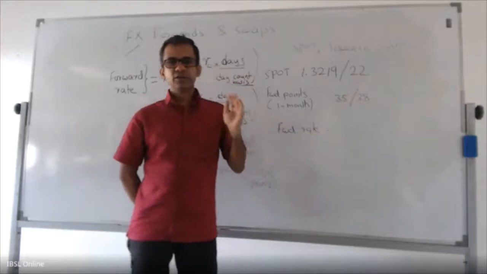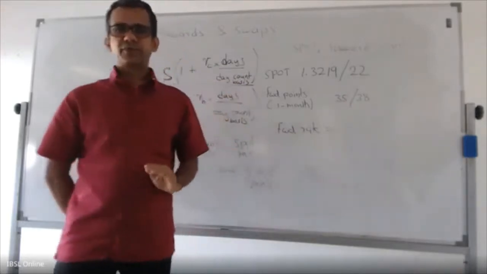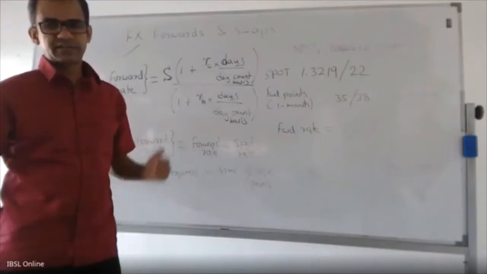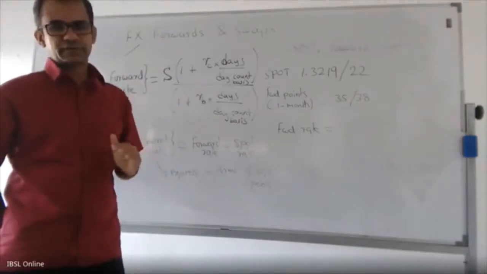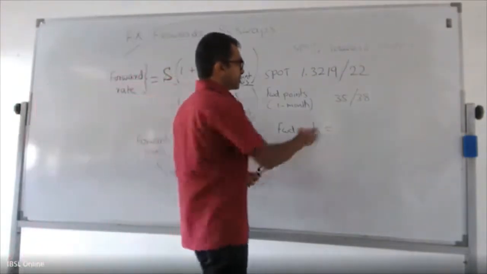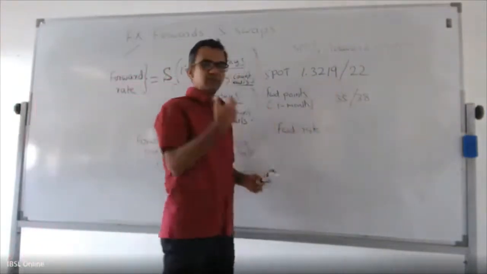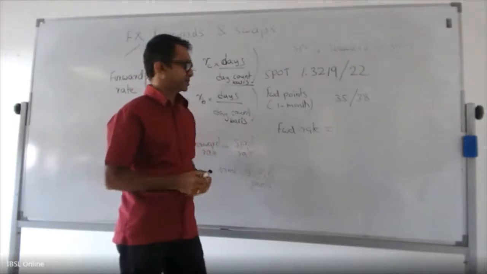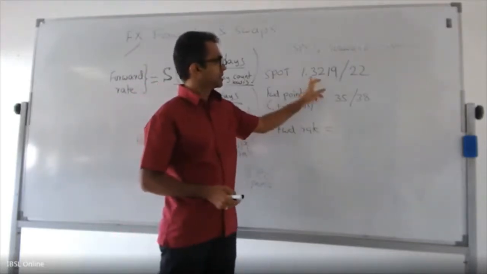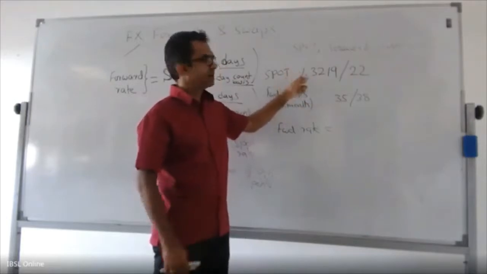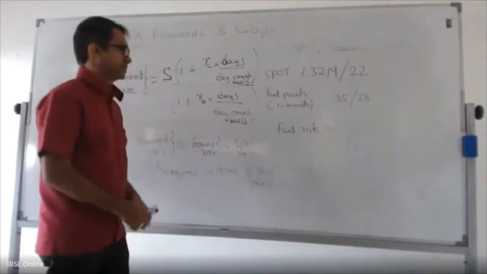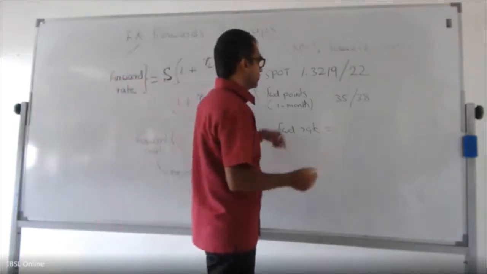That means you add swap points to the spot rate as it is, bid to bid, offer to offer. Before you add, you have to convert these pips into decimal places, so you divide by 10,000 because in this instance the spot rate is quoted to 4 decimal places.